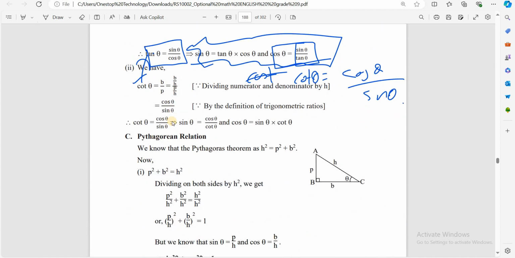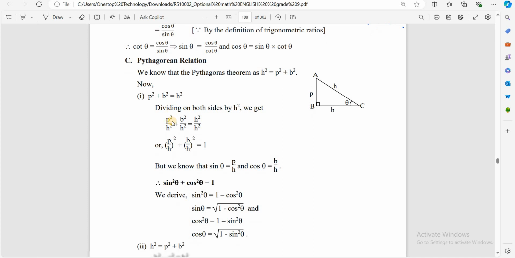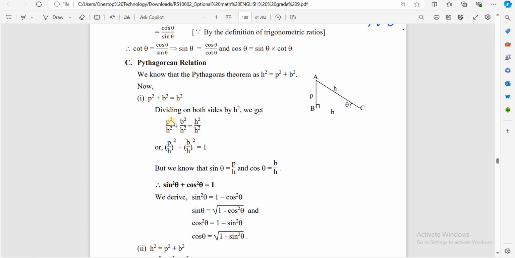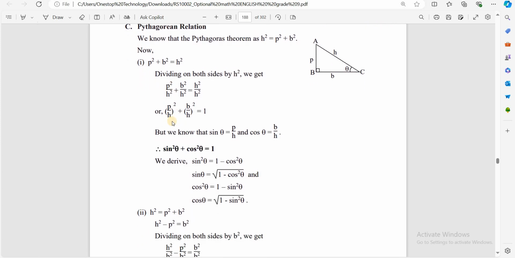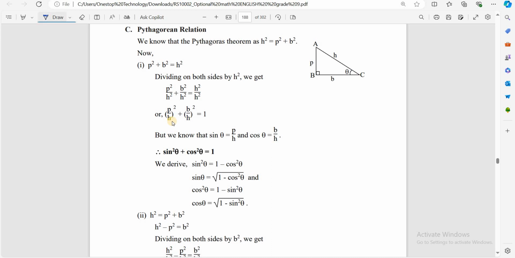Now Pythagorean relation. So we know Pythagoras theorem, which is h square equal to p square plus b square. How this applies, let's see. This is also important. So as we know, p square plus b square equal to h square, right?